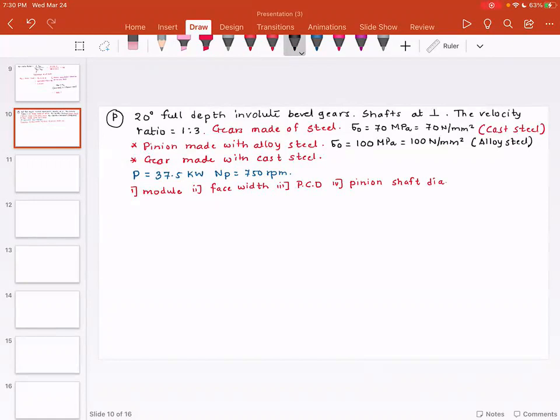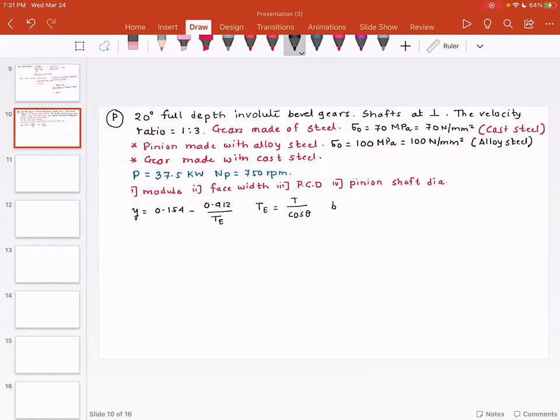So the tooth form factor or Lewis form factor is given as y is equal to 0.154 minus 0.912 divided by TE, where TE is the equivalent number of teeth. So TE is equal to T divided by cosine theta.